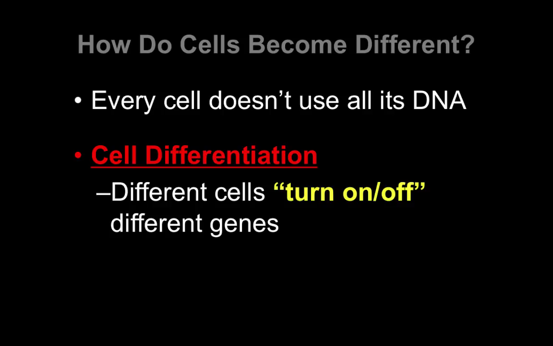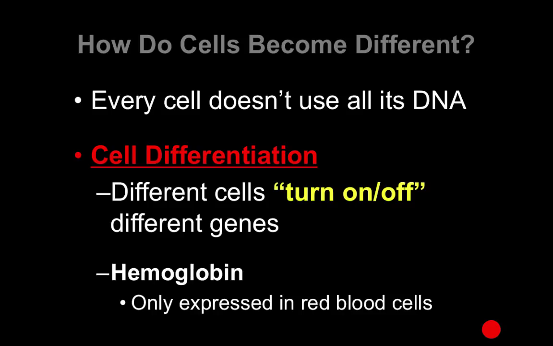And what they do is they simply turn on different genes that they need to be the specific cell. So a nerve cell will turn on certain genes to become a nerve cell, and a muscle cell will turn on different genes to become a muscle cell, and that's how they become different.